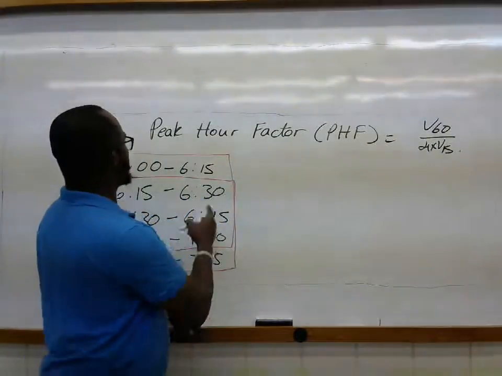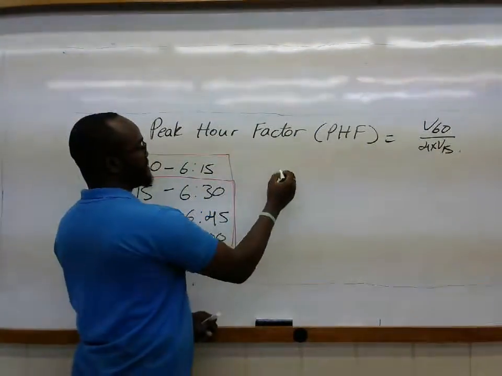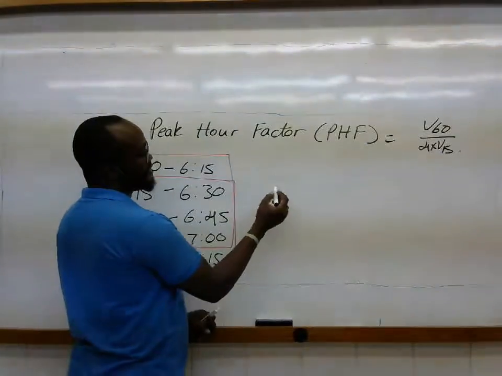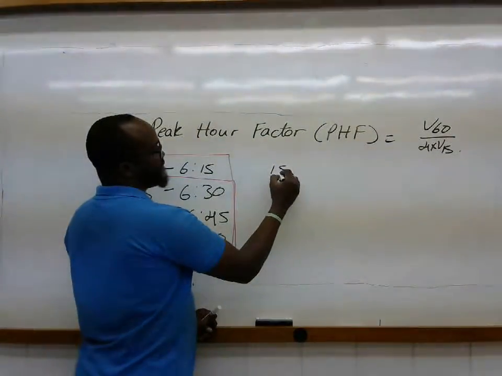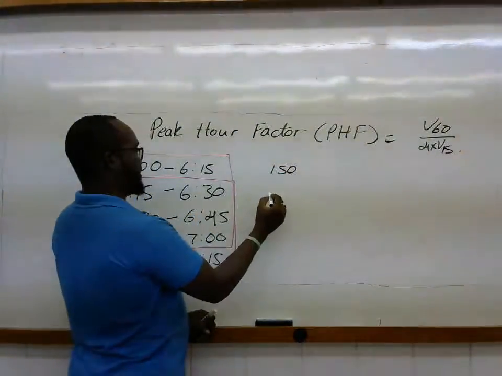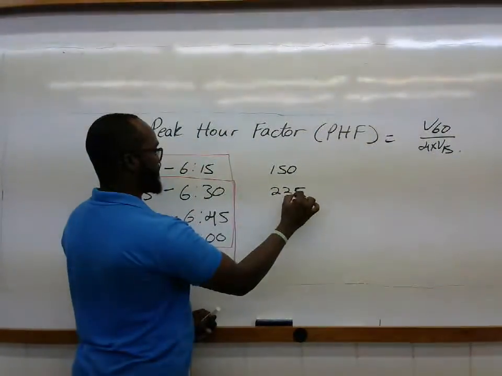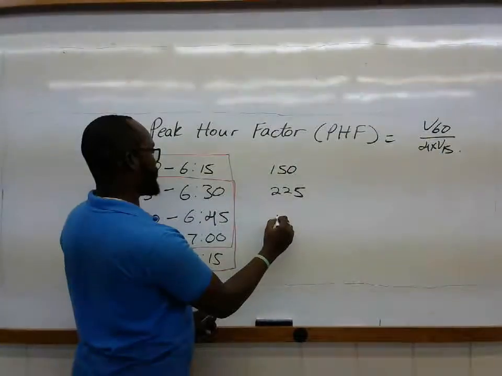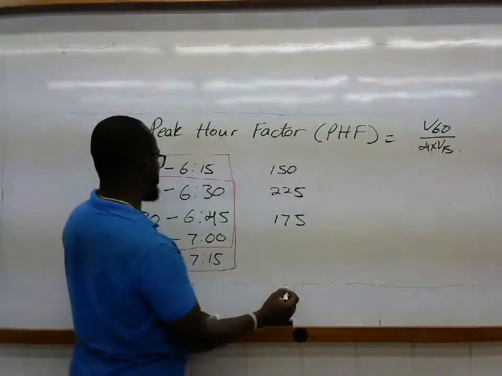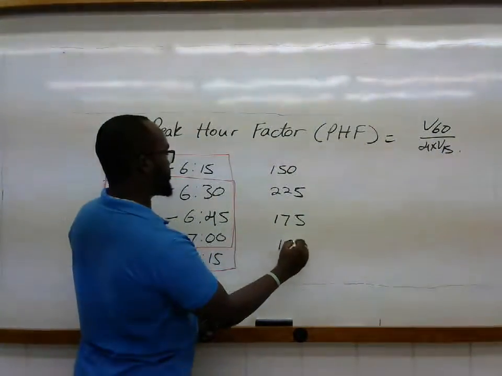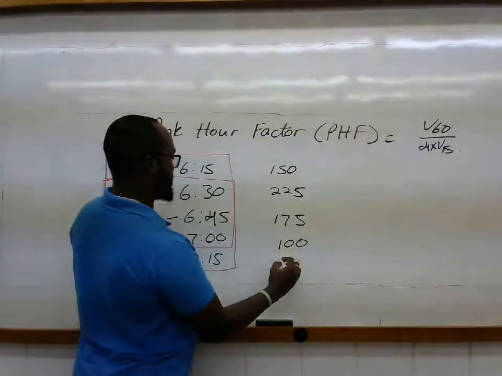So let's say we had, in this 15-minute period, 150 vehicles, and we had 225, then we had 175, 100, and 300.